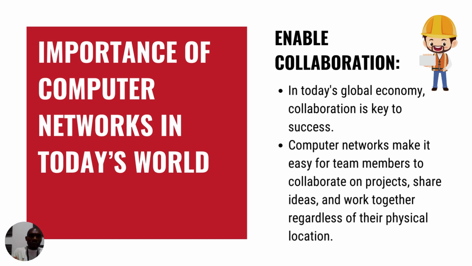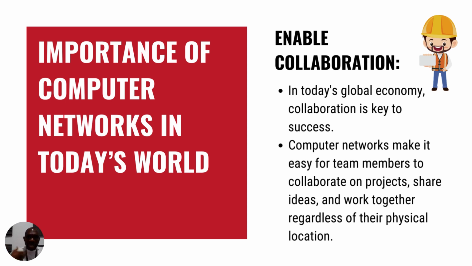We can collaborate by using computer networks, where we can come up with a group, like a WhatsApp group, where we can collaborate and share ideas, or we can come up with a meeting, like a Zoom meeting, or using Google Meet.